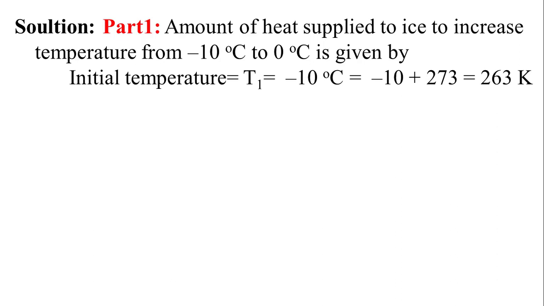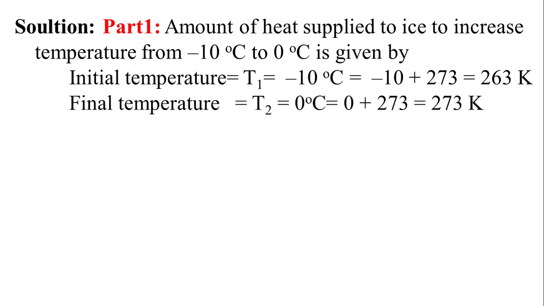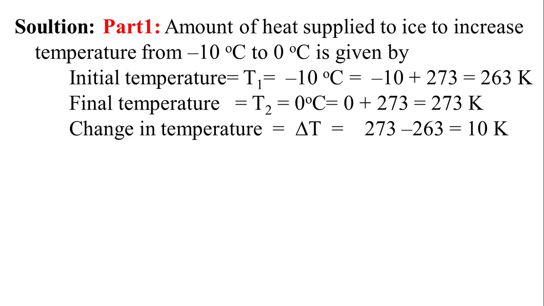Then initial temperature T1 is equal to minus 10 Celsius, which is minus 10 plus 273 is equal to 263 Kelvin, and final temperature T2 is equal to 0 Celsius, which is 0 plus 273 is equal to 273 Kelvin. Change in temperature delta T is equal to 273 minus 263 is equal to 10 Kelvin.